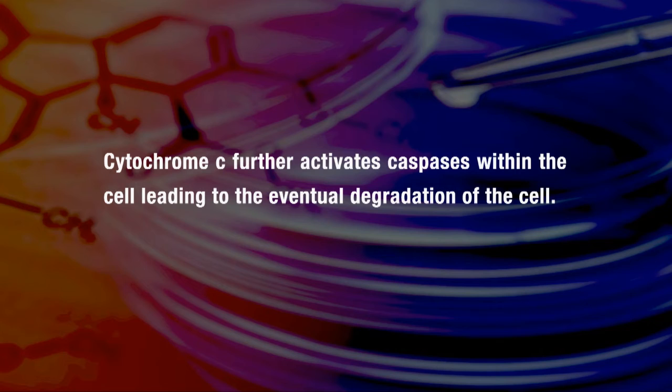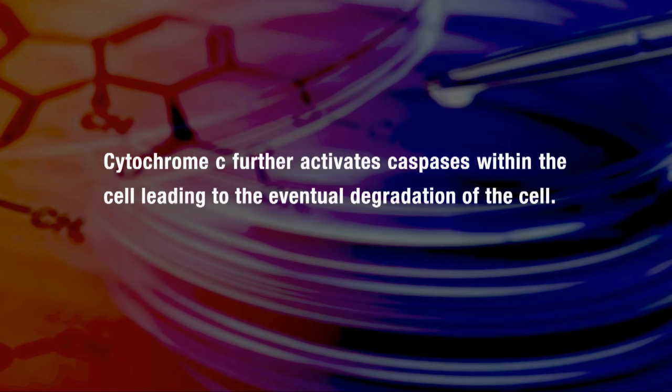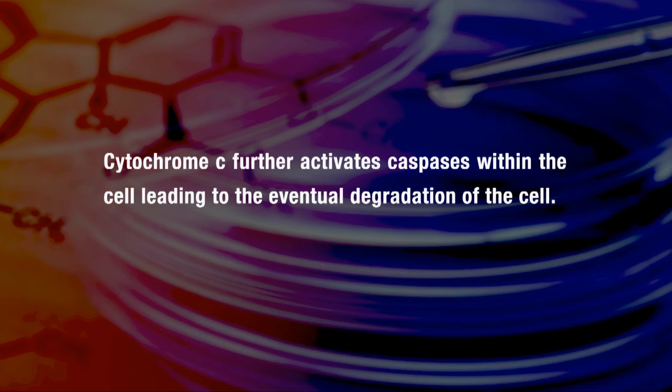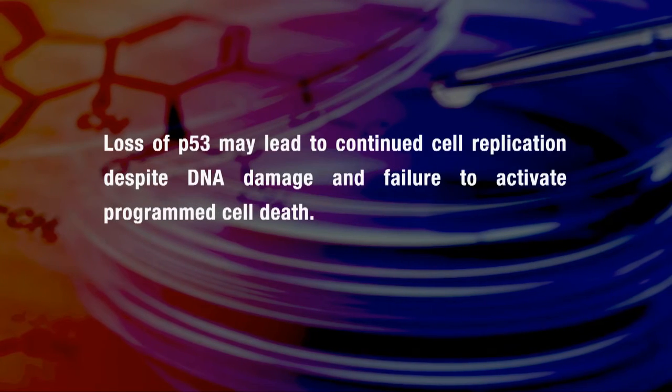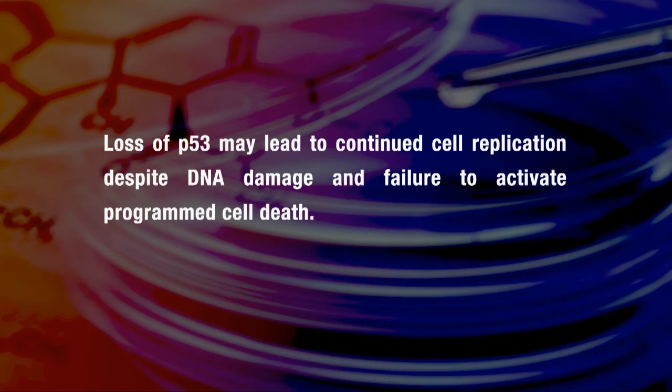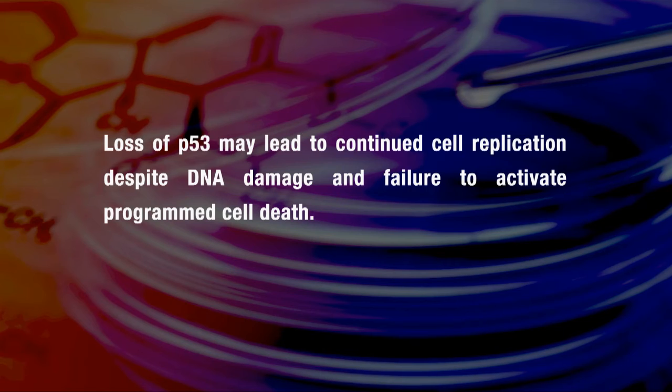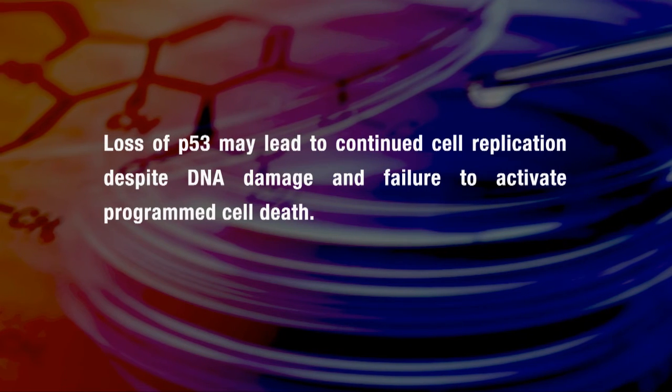Cytochrome C further activates caspases within the cell, leading to the eventual degradation of the cell. Loss of p53 may lead to continued cell replication despite DNA damage and failure to activate programmed cell death.